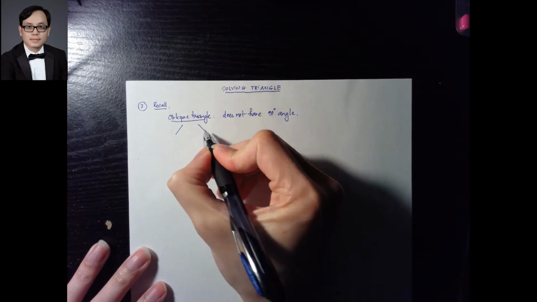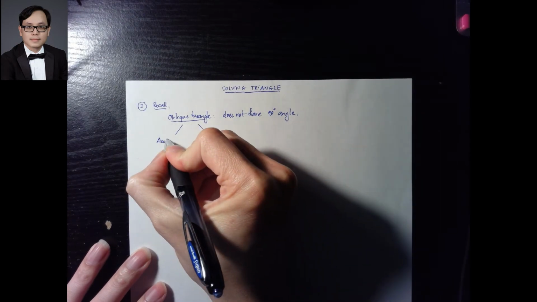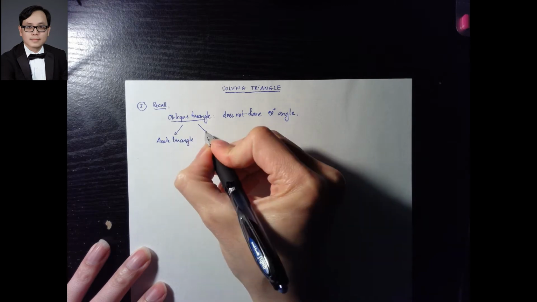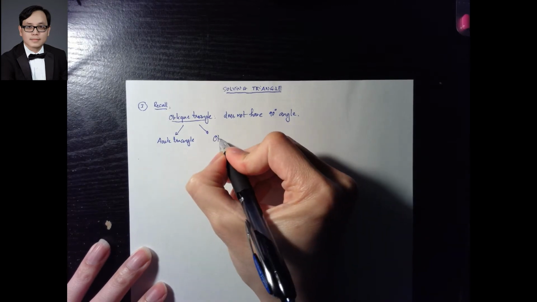The first type is the acute triangle, and another type is the obtuse triangle.